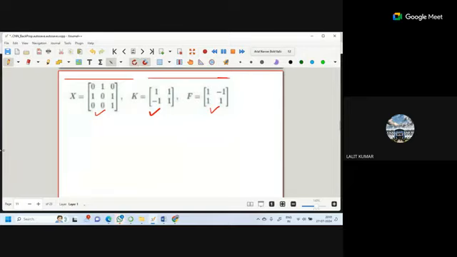So they have given us one input, and in this case, we apply two filters and there is a bias also. So we will get two outputs, and the outputs will look like this.